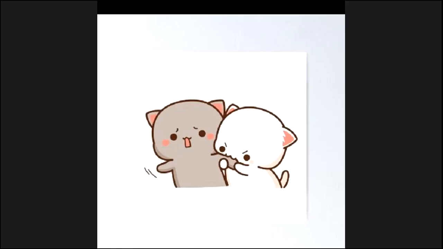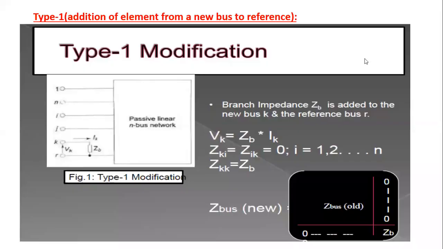The element is added in between the reference node to the new node, that is R to K. Okay, this is the step 1 procedure, or the type 1 modification.